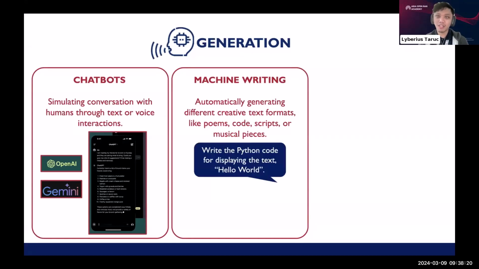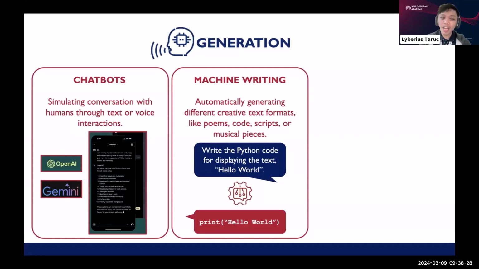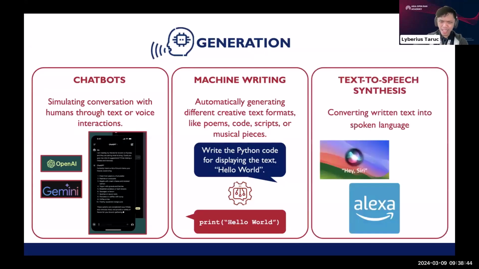So for instance, you can just type a prompt here, "Write a Python code for displaying the text hello world." And from there, the model is able to provide you the corresponding syntax for that given instruction. So in a way, you are feeding instructions to a machine and it's able to generate source code or programs for you.